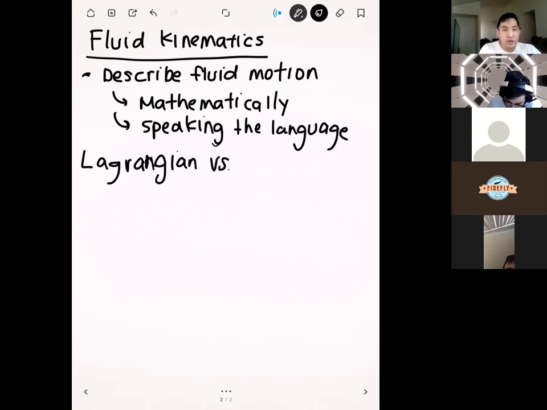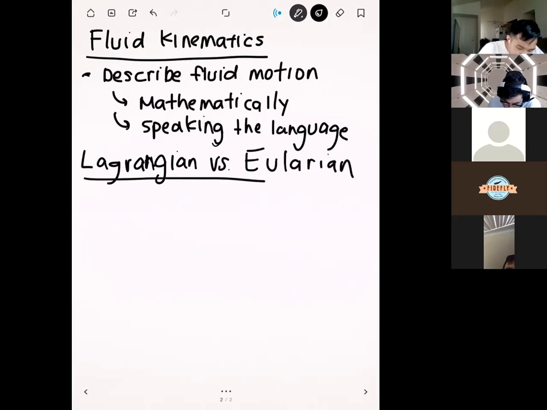And the other school of thought on how to describe fluid flow is called Eulerian, spelled E-U-L-E-R-I-A-N. And what we're going to do now is describe how these two viewpoints view fluid particles. So let's start with Lagrangian.